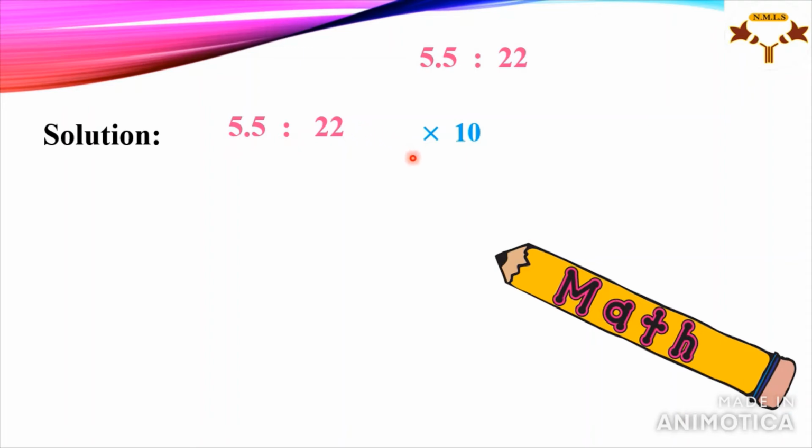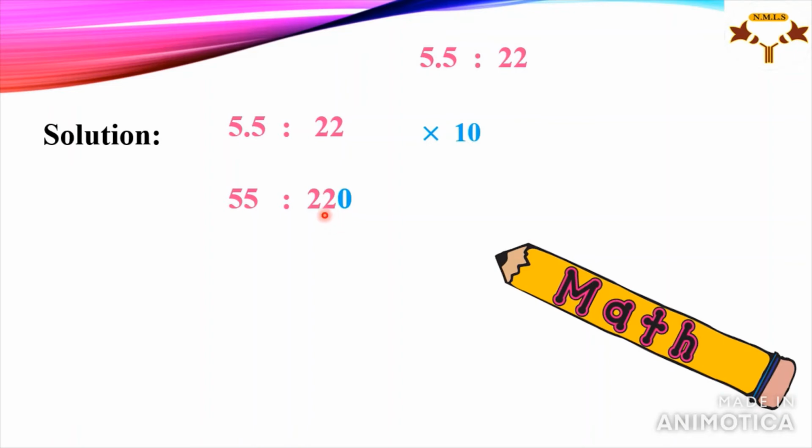So here 5.5 to 22, I will multiply both terms by 10. 5.5 multiplied by 10 is 55, and 22 multiplied by 10 is 220.